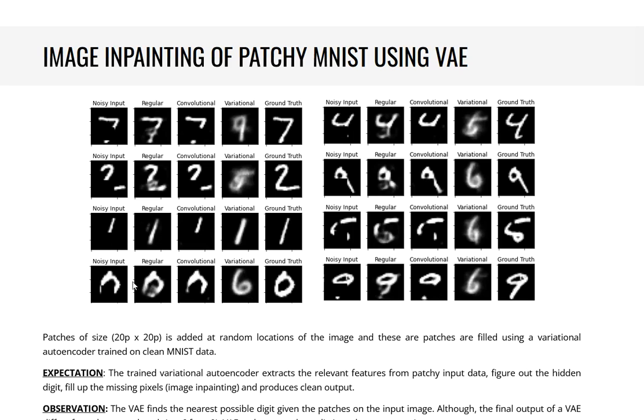So basically, the variational autoencoder always tries to make an output that resembles the input quite well. Although it fails in producing an output that is entirely close to the ground truth, it still tries to make a prediction that is very well in alignment with the expected input data.